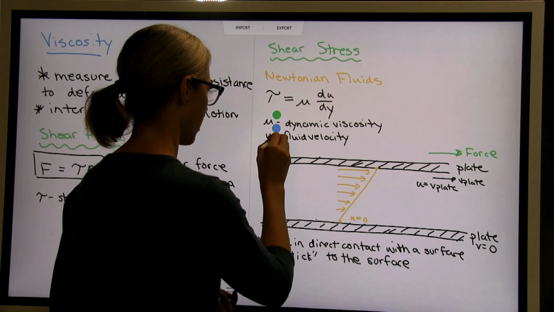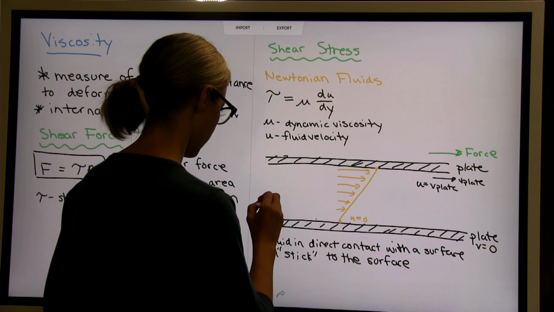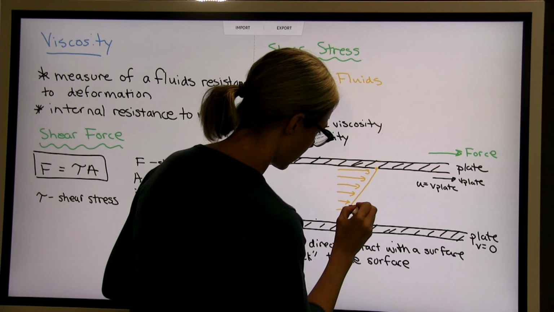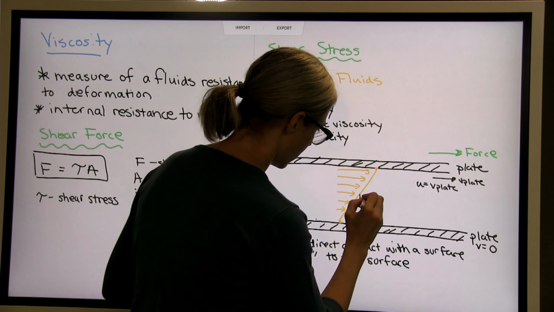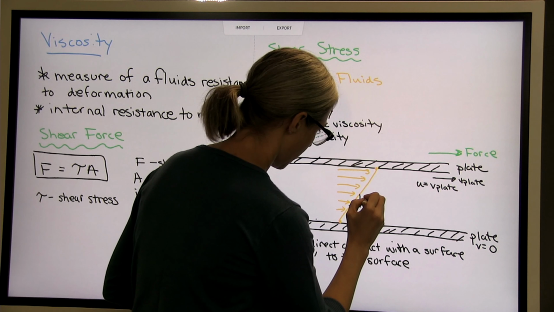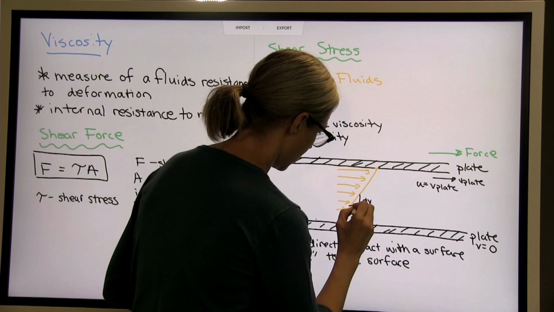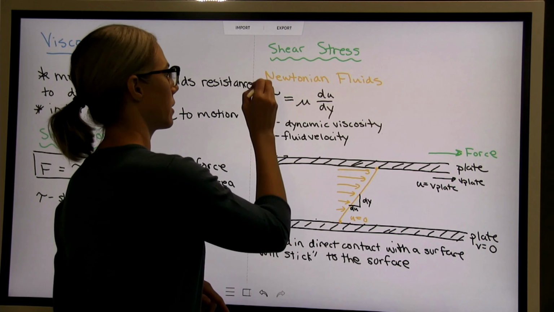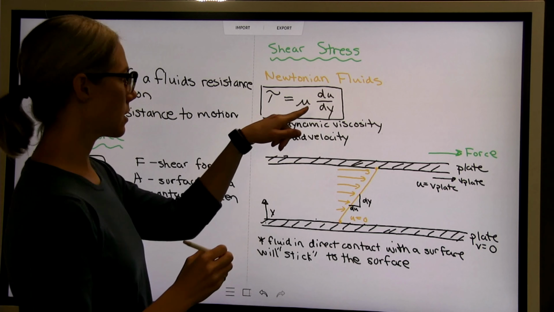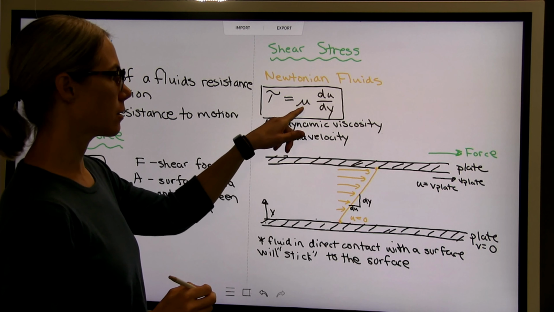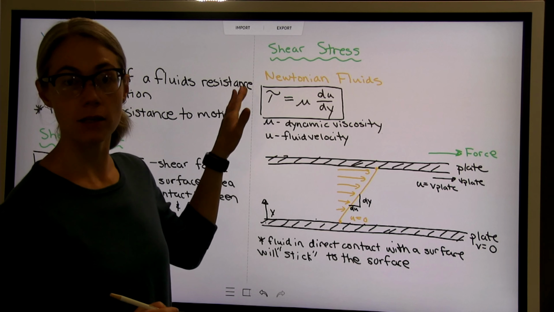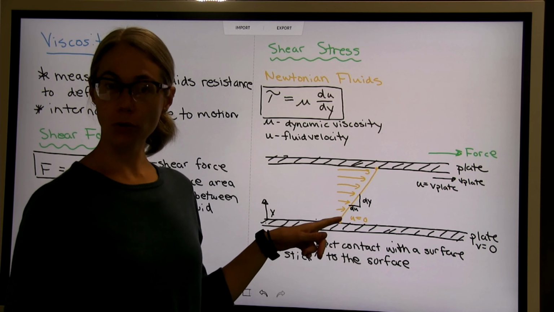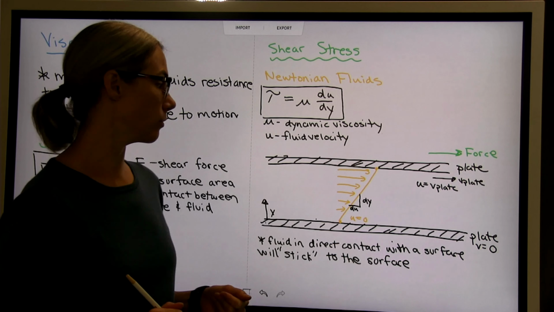Now, if we're measuring y from the plate surface here, then that gradient is du dy. So that's where this term comes in from our expression. And the viscosity is the proportionality constant between the shear stress that's experienced and this velocity gradient, which happens to be equivalent to the rate of deformation of the fluid.